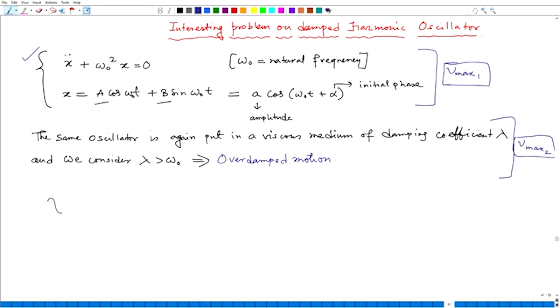We will find the ratio chi, which will be simply V max 2 by V max 1, and we will find that in different limits.